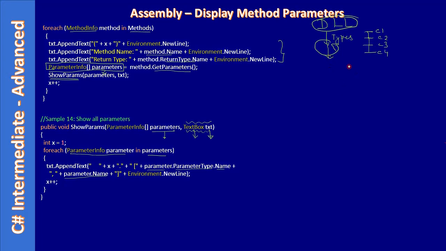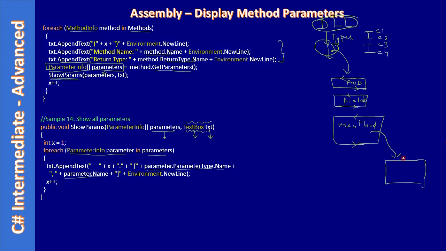Then under each iteration we will pass this type, and then we will run a separate loop for properties, then a separate loop for fields, then a separate loop for methods. Then again we are passing the parameters, and for parameters we run one more loop.